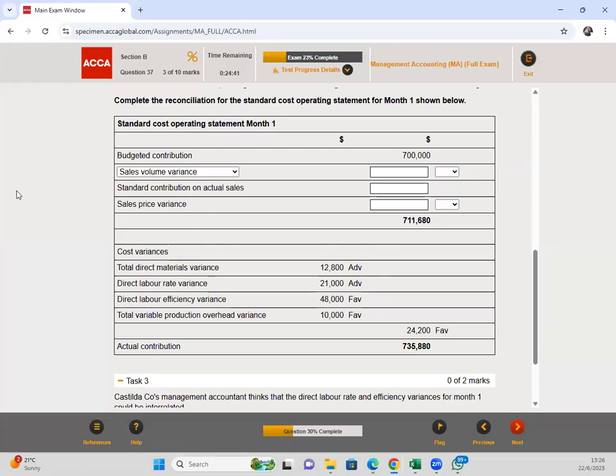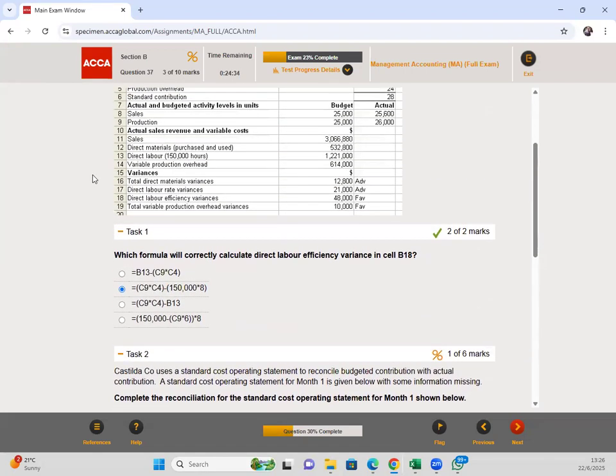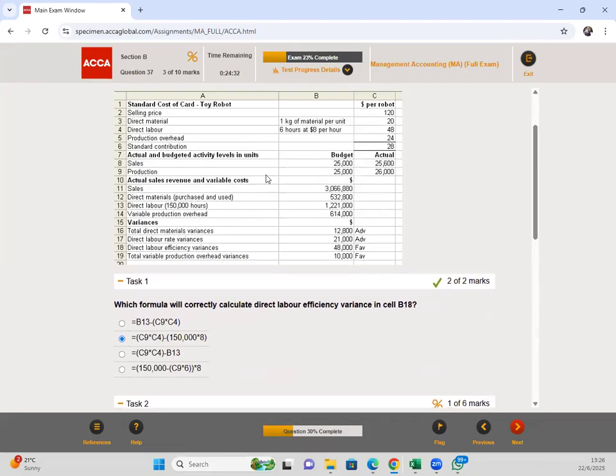So the actual sales volume is this 25, is it 25.6? The budgeted is 25,000. What about the contribution per unit? We are given the contribution per unit. The standard contribution is 26. Is it 28? The standard contribution is 28.